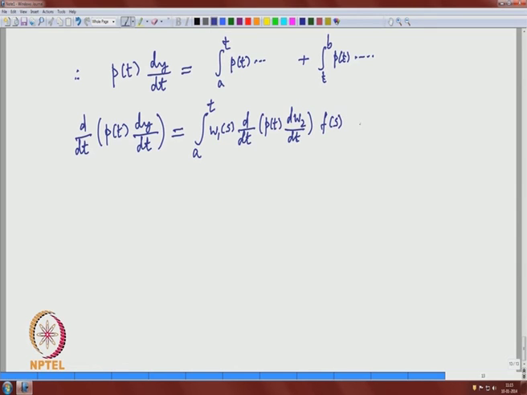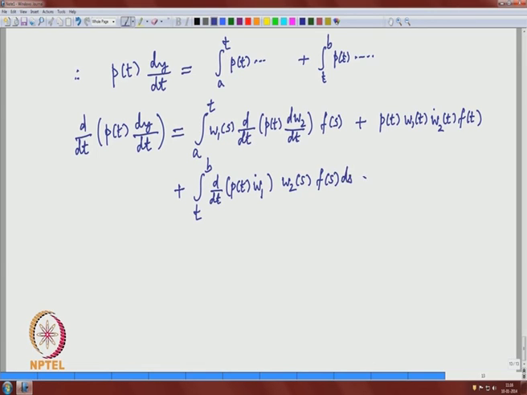And now because of the presence of t in the integral limit, we have this p(t) W1(t) W2 dot (t) f(t), and similarly from the other integral t to b, now it is d by dt of p(t) W1 dot W2(s) f(s) ds, and now I have a minus p(t) W1 dot (t) W2(t) and f(t).